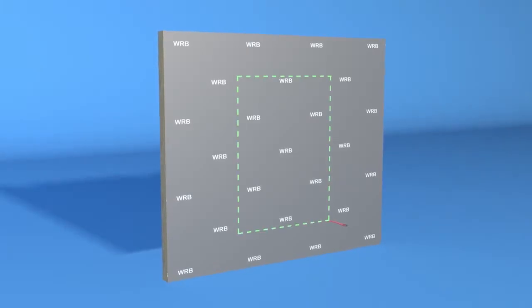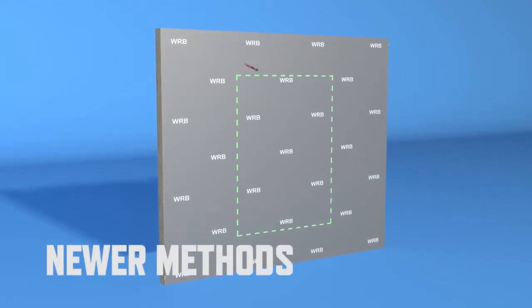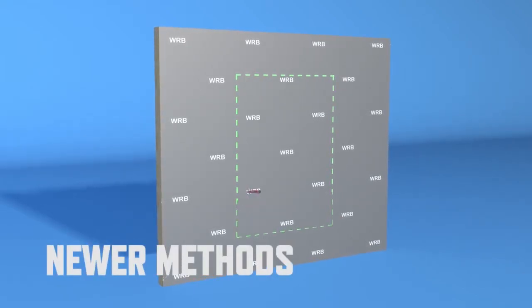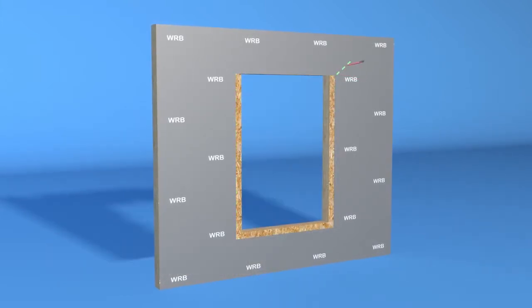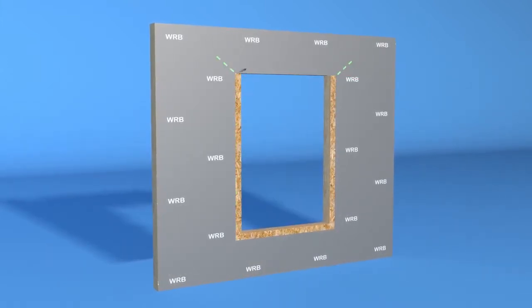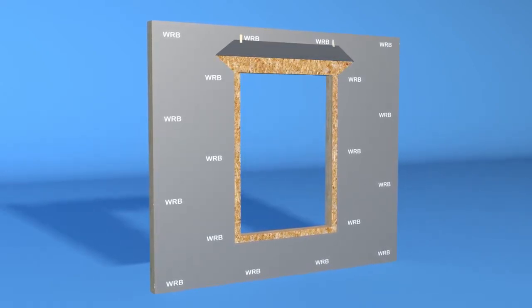As installation methods evolve, new and better ways to treat and prepare the house wrap are being used. New industry installation methods advocate cutting the house wrap back past the rough opening jambs to allow the full adhesion of the sealant to the nailing flange and exterior sheathing.